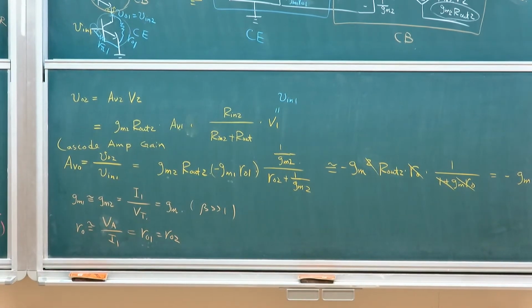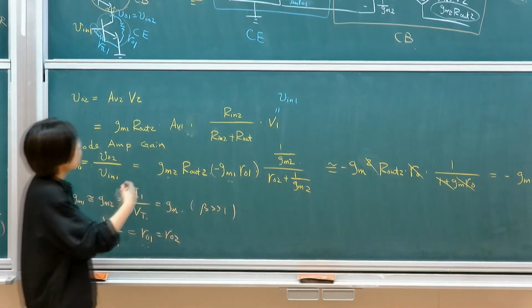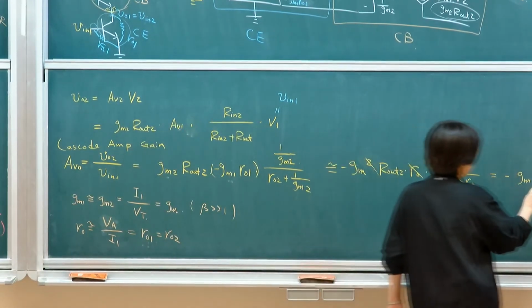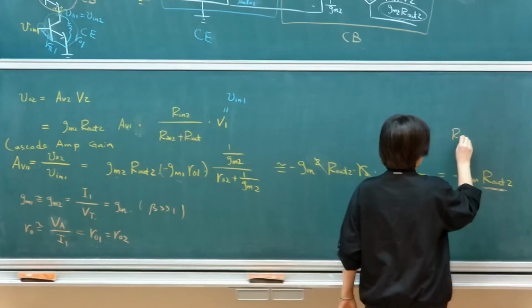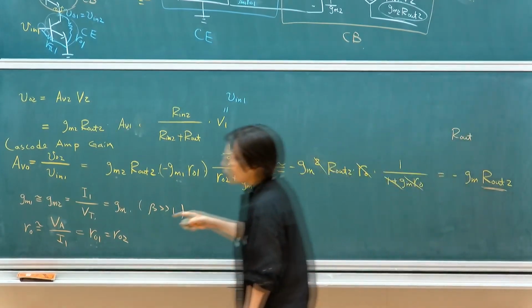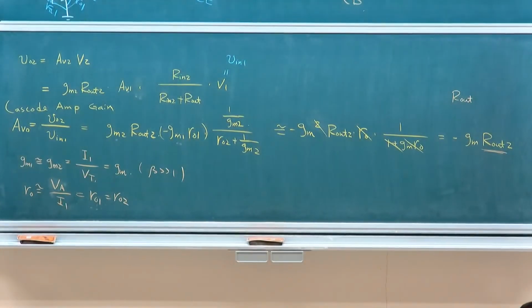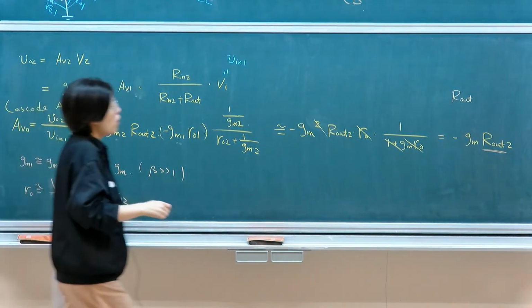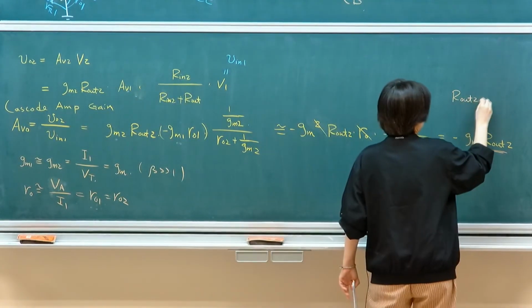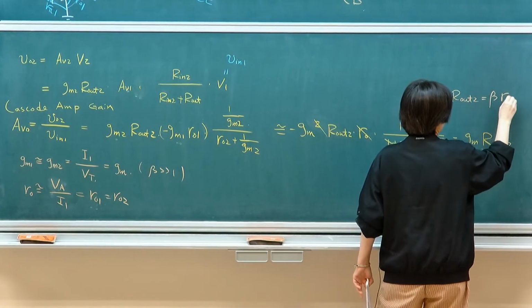Okay? So what is RO2 eventually? Remember, when we have a cascode structure, your output is being boosted RO2. You're looking back into here. This is the same equivalent circuit. You're looking back from here. So we're using this equation, which is RO2 is simply beta RO.